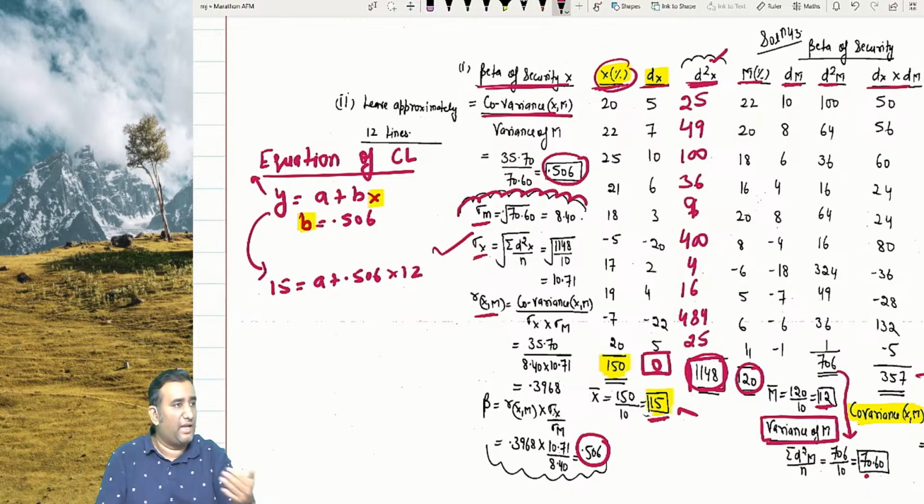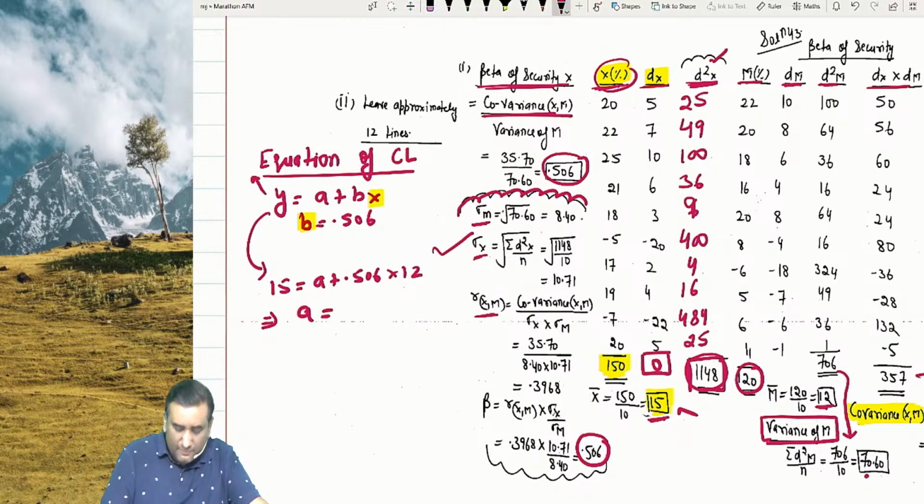It is not a constant number, average 12. Then what would be a? Calculate that a, please. 8.928.